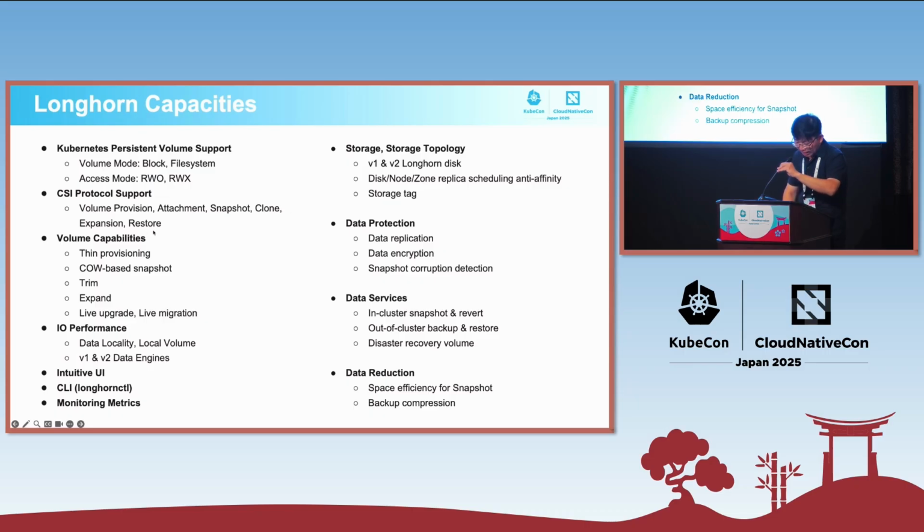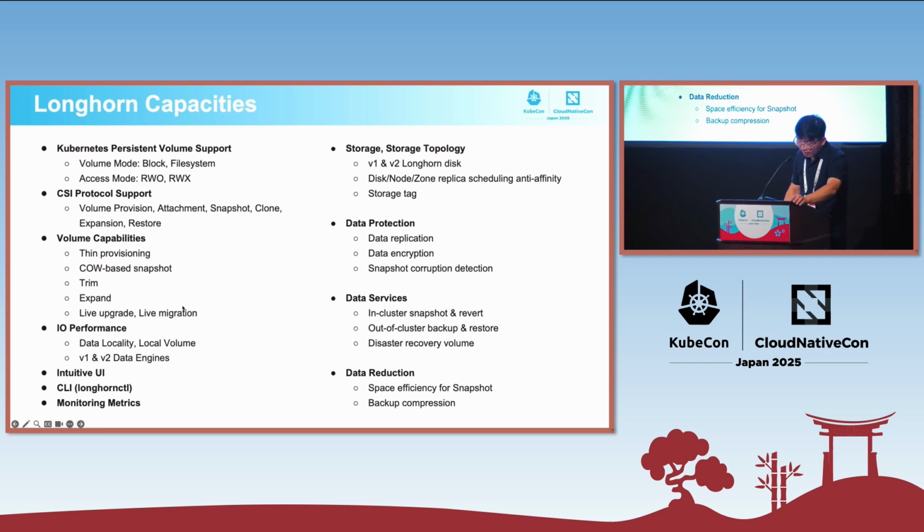For volume capability, Longhorn is based on thin provisioning to achieve space efficiency. We also support copy-on-write based snapshots, trim operation, expansion, live upgrade and live migration. I will introduce live upgrade and live migration later.